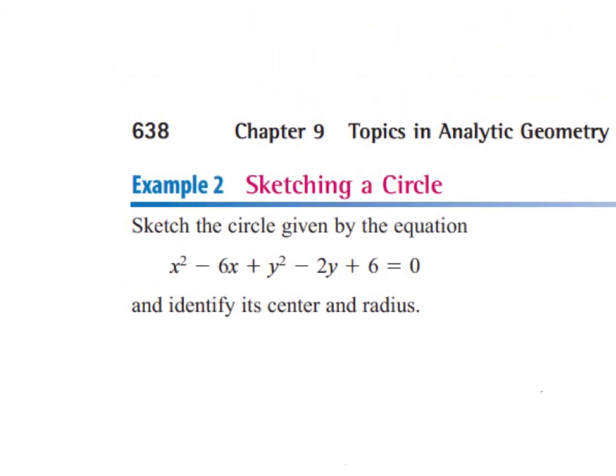So that would be (x - h)² + (y - k)² = r². So we need our equation to look like this.